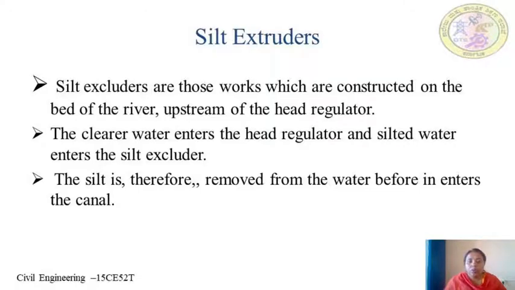So this silted water is removed with the help of the silt excluders. The silt excluder is a structure constructed in the bed of the river on the upstream of a head regulator so that the silt is removed from the water before it enters into the canal, and its main function is to prevent the entry of silt into the canal.